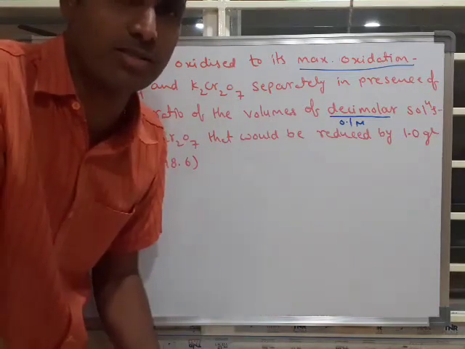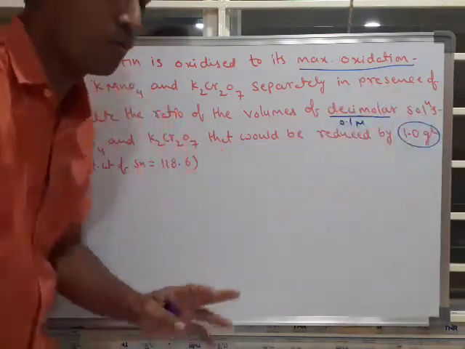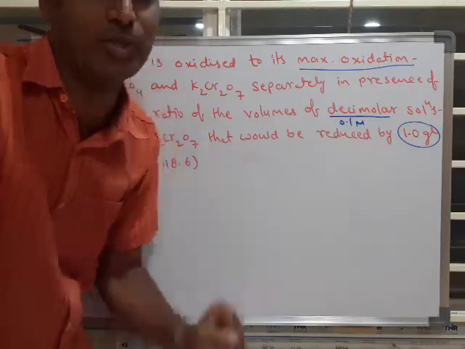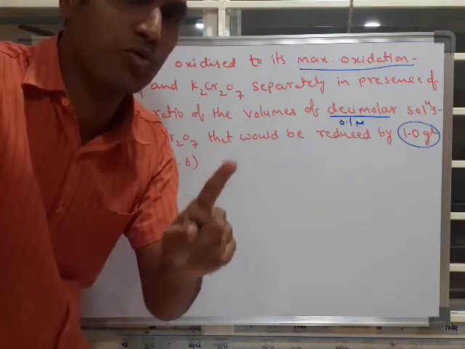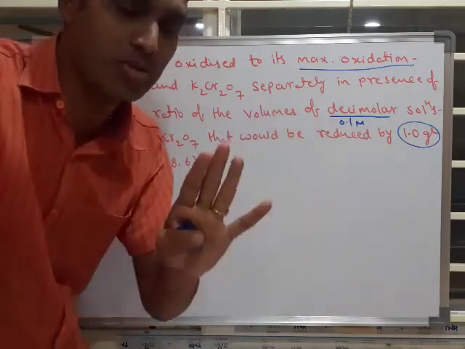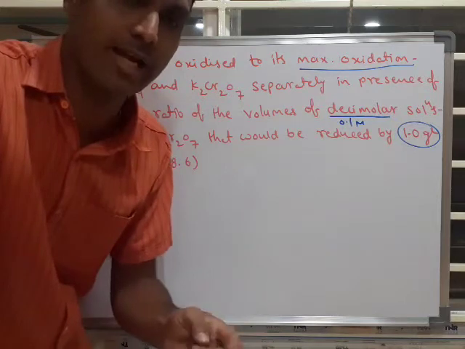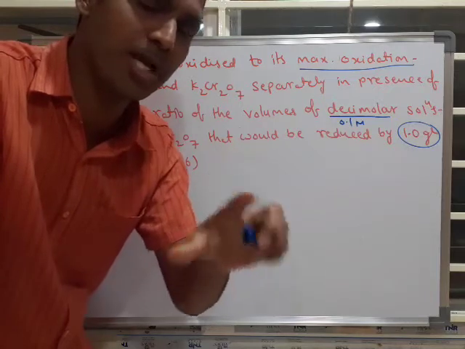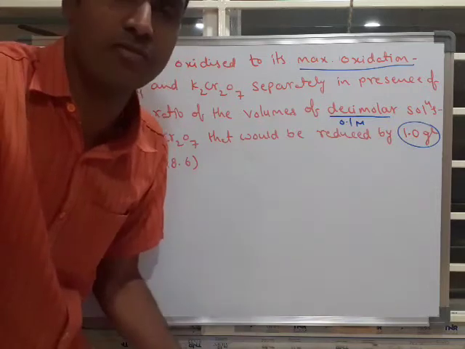So now what we have to find out is how much volume 1 gram of tin reduces. We have to find the volume of 0.1 M potassium permanganate reduced by 1 gram of tin, and the volume of 0.1 M potassium dichromate, which is again reduced by 1 gram of tin.